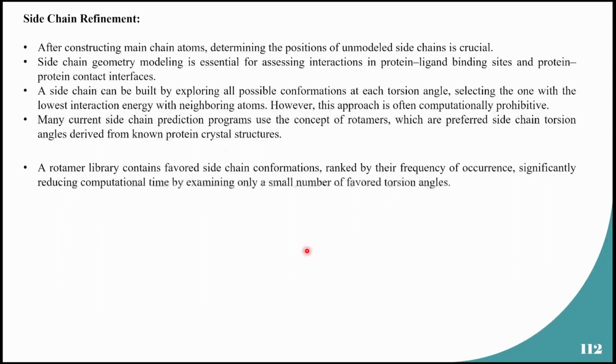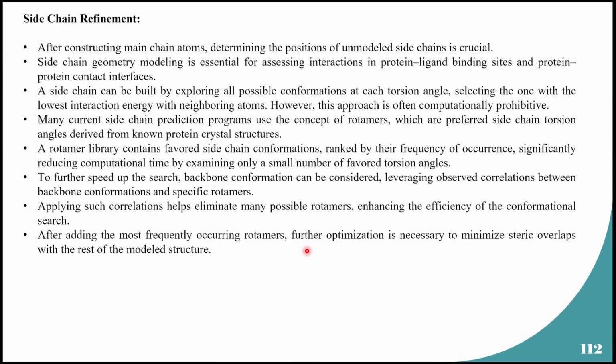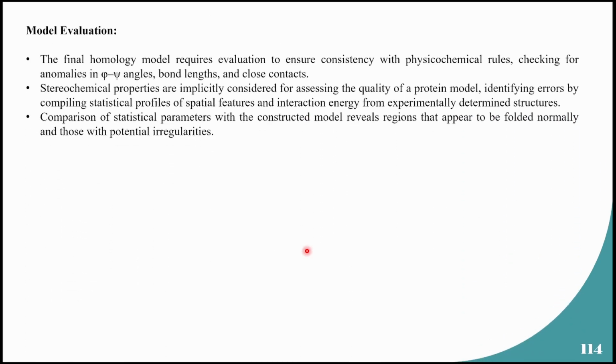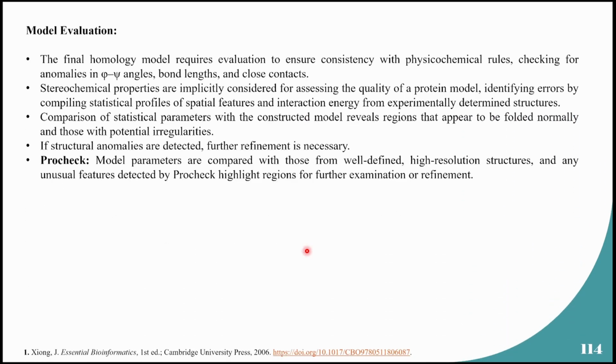You do the side chain refinements following that, and these are done by different rotamer libraries. And then you do model refinement if needed, followed by evaluation. On evaluation, you have certain tools such as ProCheck, which you can use to check if your model structure is good enough for further calculations or not.